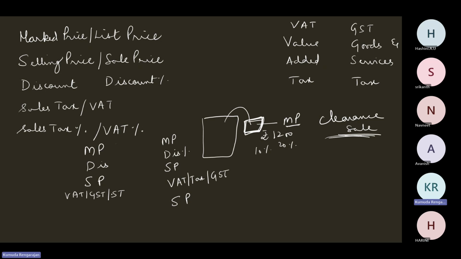But tax is no favor for you. You have to pay the government. So you will calculate this tax on the selling price. And how will you find the sale price? Selling price plus this tax, not minus. Selling price plus this tax will give you the final price, which is called the sale price. And this is the money you will be paying at the cash counter.